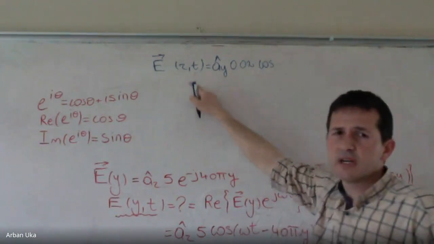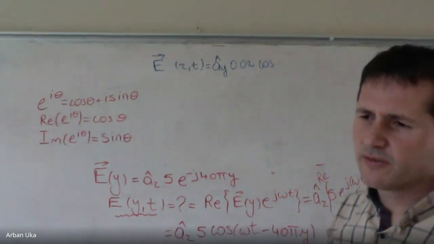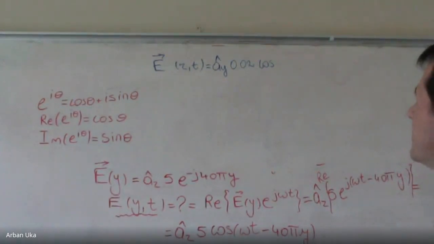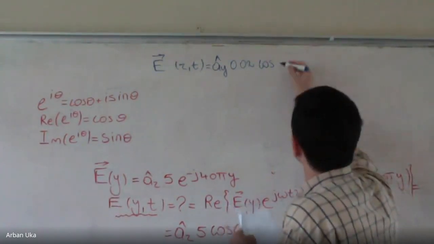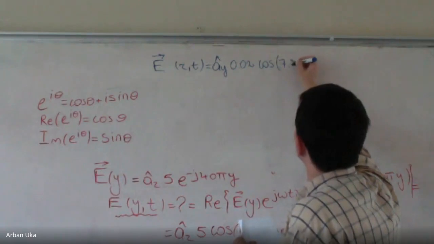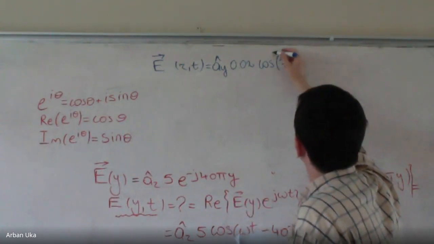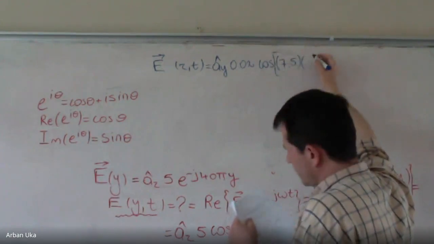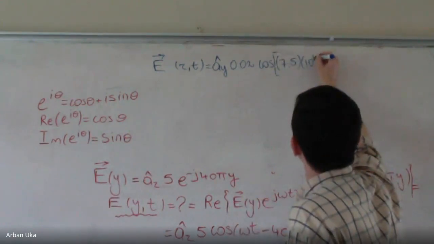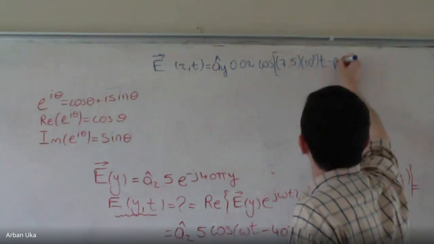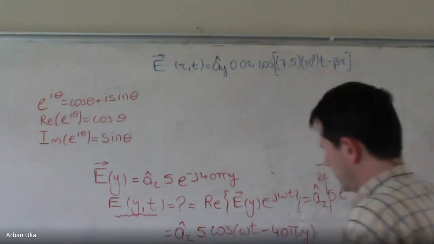Since we have the time dependence here, this cannot have phasor representations. This cannot have e to the power i something. So here we have cosine of 7.5 times 10 to the power 8 times time minus beta z.